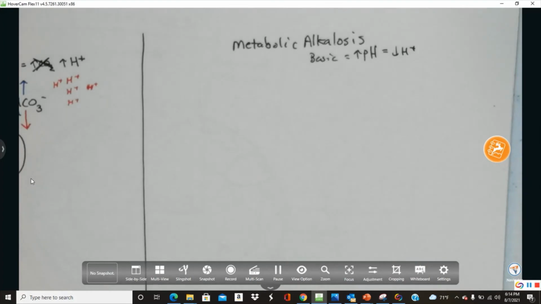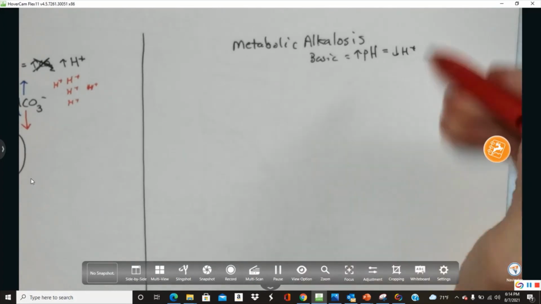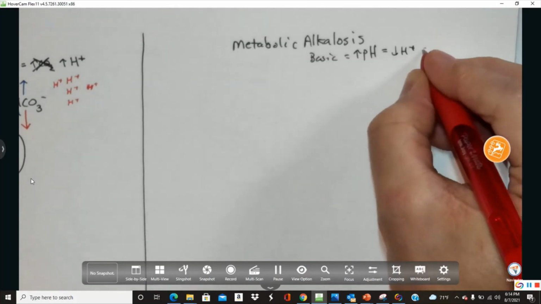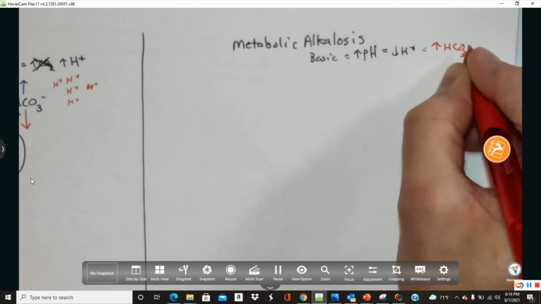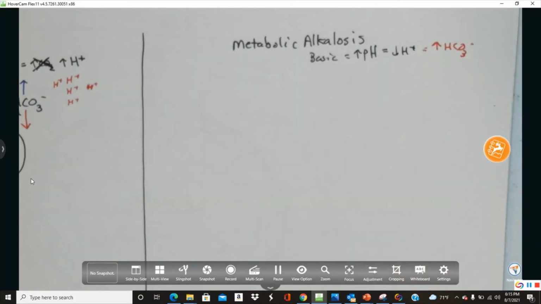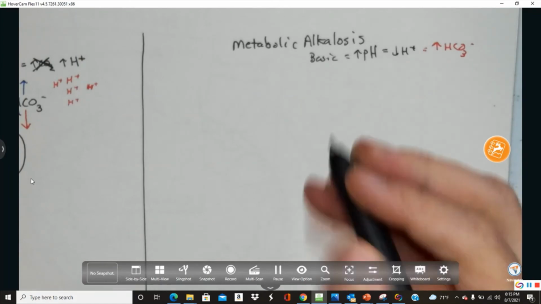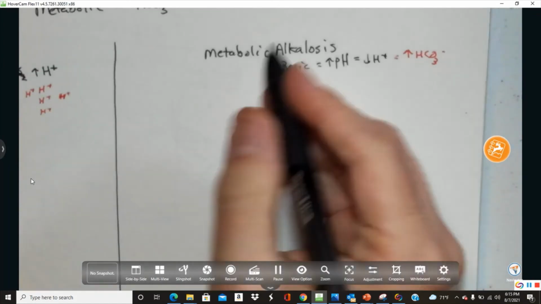So in this case, you also will have a lot of extra bicarbonate. Bicarbonate is a weak base.